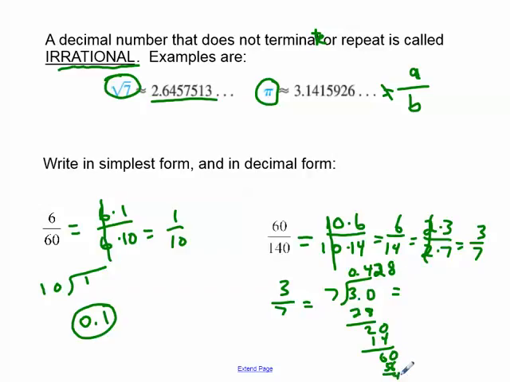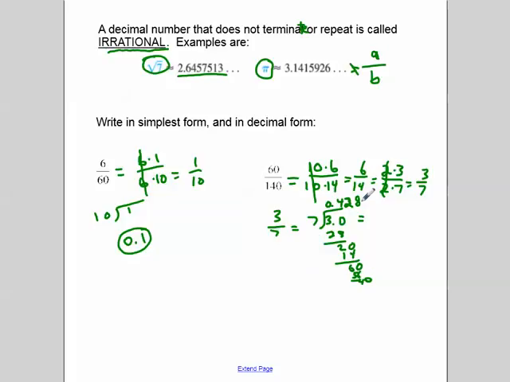I've got a 4. You would think it'd keep going on forever, but it's not. You put a 0 down here. 7 into 40. 5. 7 times 5, 35. I've got a 5, 0. 7 times 7 is 49.